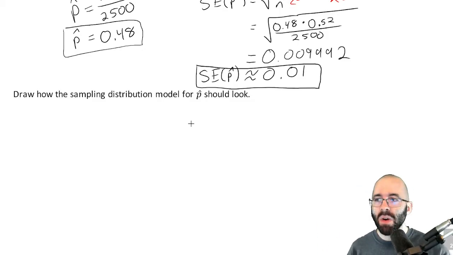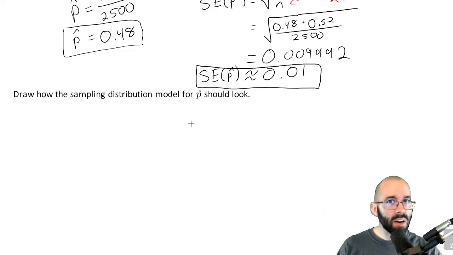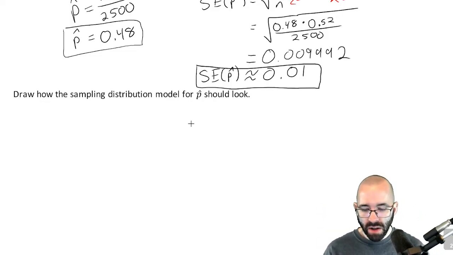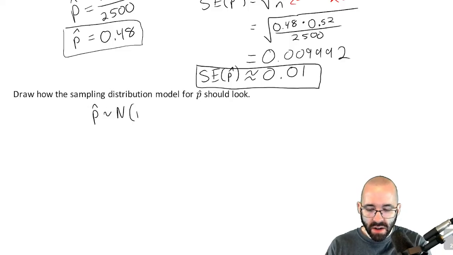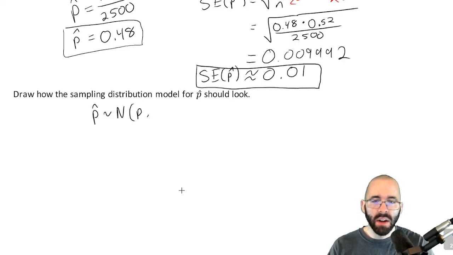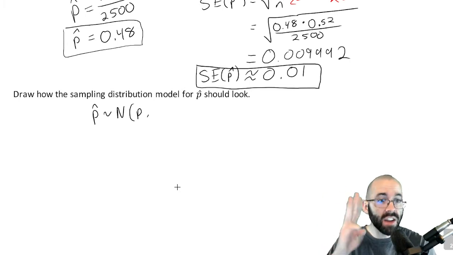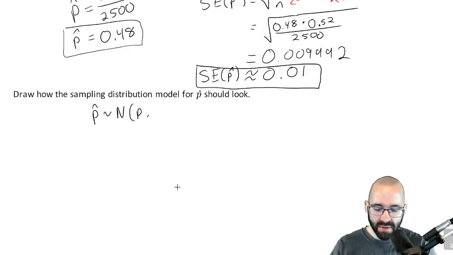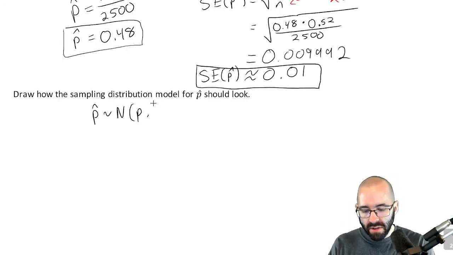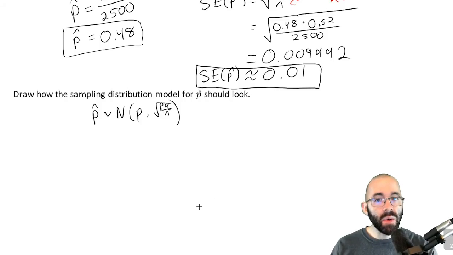What's the best way that we can approximate the standard deviation? Our standard error. Okay, so we know that p hat is normally distributed with mean p, assuming we have independence, randomization, and sample size conditions. You can check that we do have all 3 of those here.